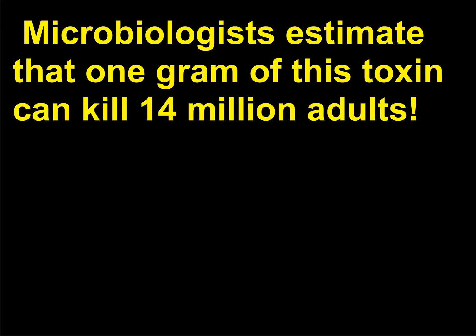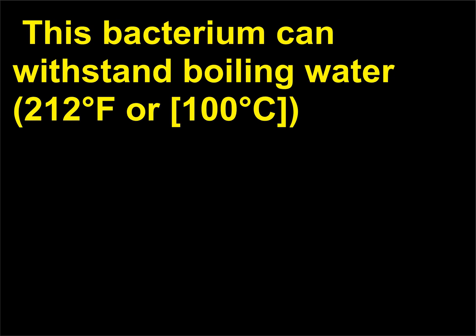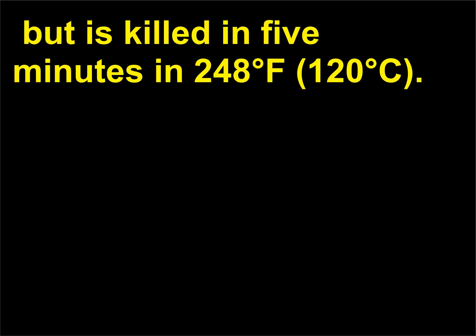Microbiologists estimate that 1 gram of this toxin can kill 14 million adults. This bacterium can withstand boiling water, 212 degrees Fahrenheit or 100 degrees Celsius, but is killed in 5 minutes at 248 degrees Fahrenheit, 120 degrees Celsius.